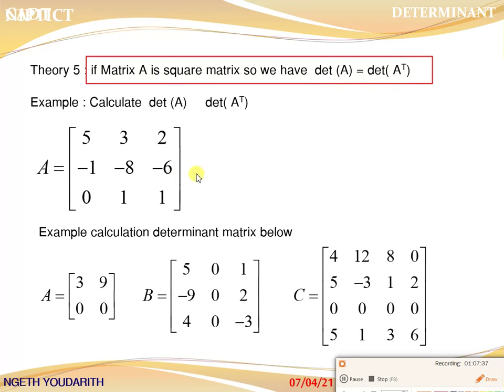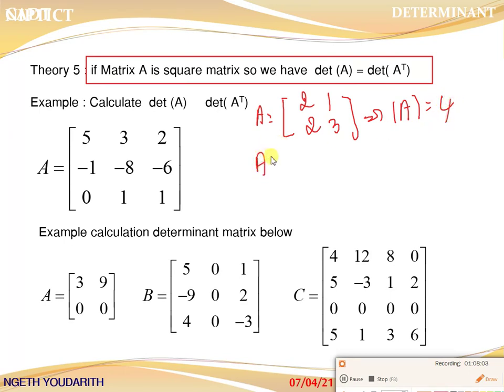For example, I take a small number. A is equal to 1, 2, 3. And the determinant A is equal to 6 minus 2 is 4.